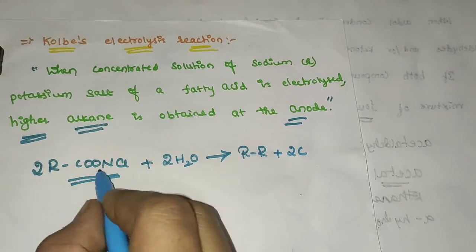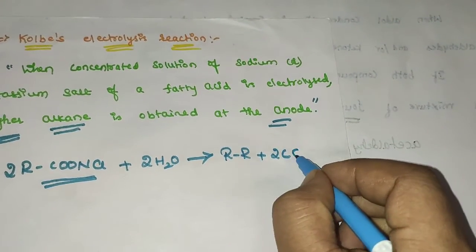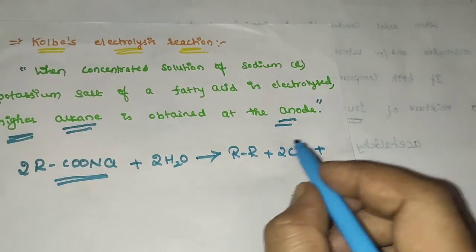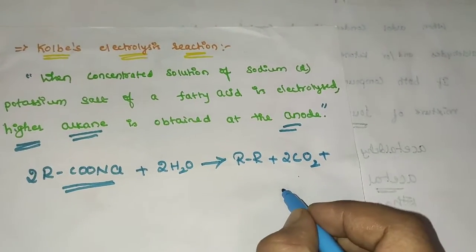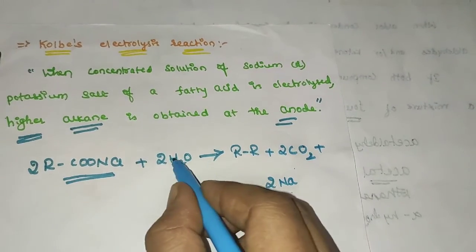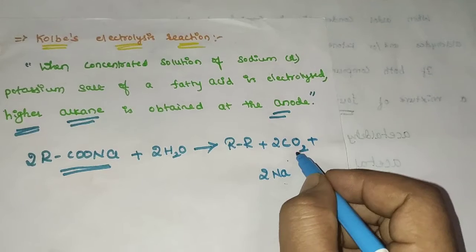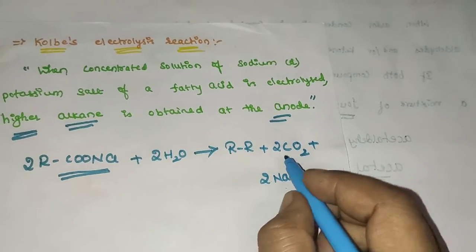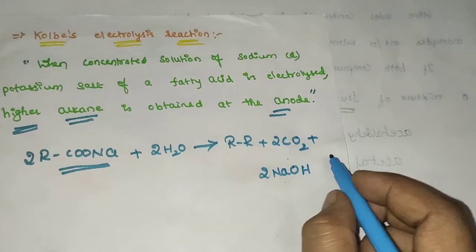How many oxygen atoms are there? 4, and we are going to use 2 oxygen atoms, so 2CO2. Then how many Na? 2 Na. Of the 4 oxygens, we have already used 2 oxygen atoms, so another 2 oxygen atoms and hydrogen atoms.